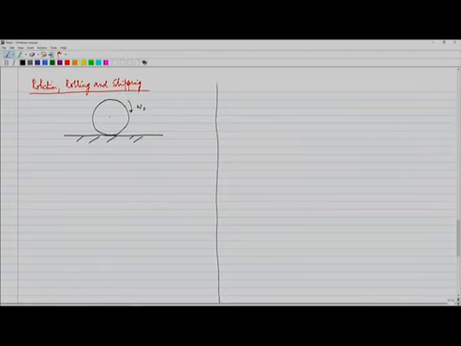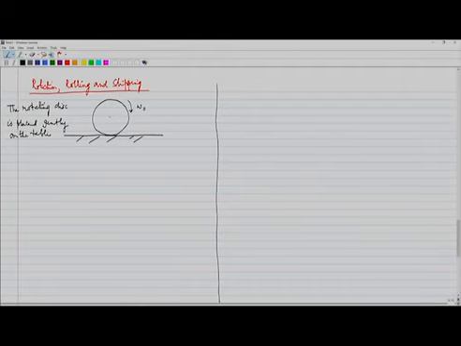I place the rotating disk gently on the table.